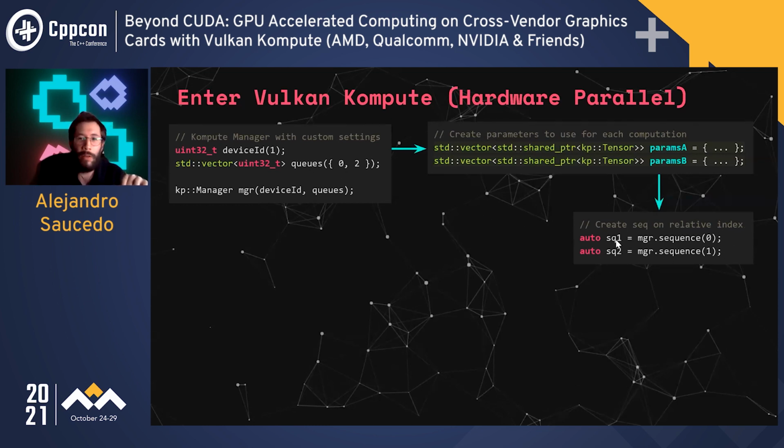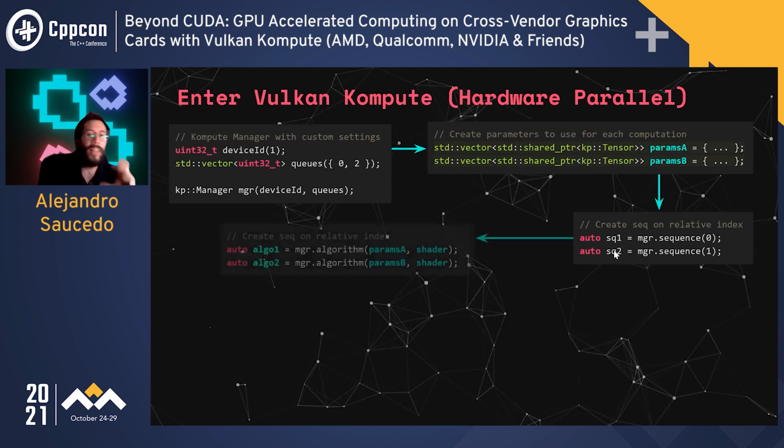So what I'm saying here is that my sequence 1 is going to run on my graphics queue. My sequence 2 is going to run on my compute queue, right? And that means that now I can actually run hardware concurrent workloads by submitting work across both of these sequences in an asynchronous way. And that's what we're going to do, right?